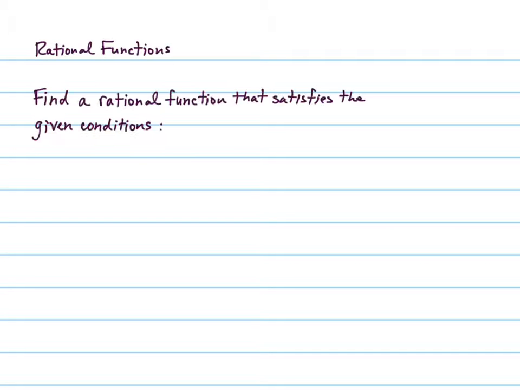So this deals with rational functions, functions that have fractions in them basically. So let me go ahead and give you the pieces here. We're supposed to find a rational function that satisfies the given conditions. So first of all, we need vertical asymptotes at x equals negative 4 and x equals 5.